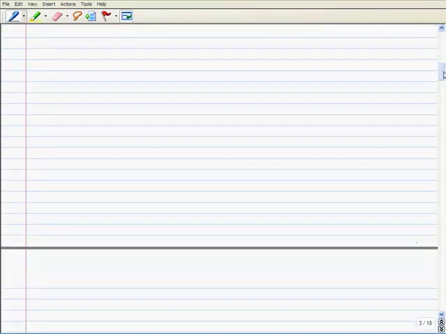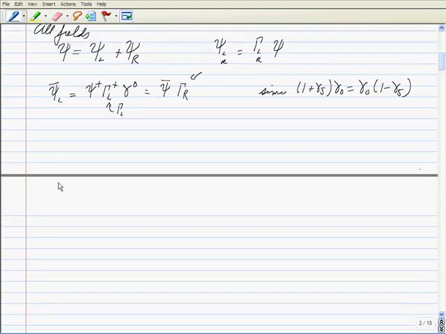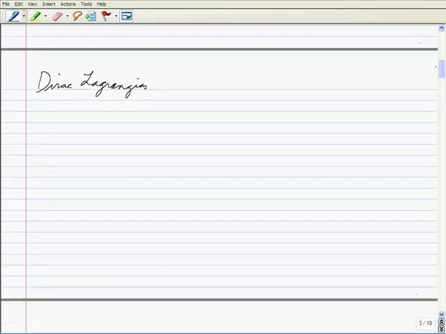Okay, so let's look at the Dirac Lagrangian. The Lagrangian is L equals psi bar (i D-slash minus m) psi, and we'll break each of these up into psi left and psi right.